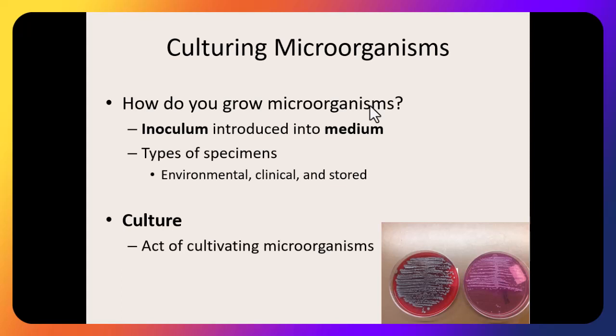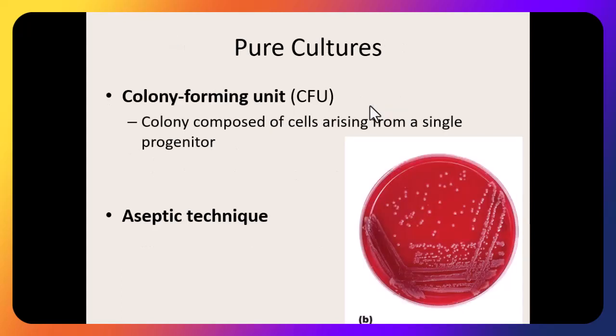I mentioned before, culturing is just the act of cultivating or growing bacteria. What we're looking for, and sometimes counting on the plates, are colonies, knowing that a colony is not just one bacteria. It's where one bacteria landed and multiplied. The more official definition of a colony is a colony-forming unit, because everything in that colony originated from one bacteria.